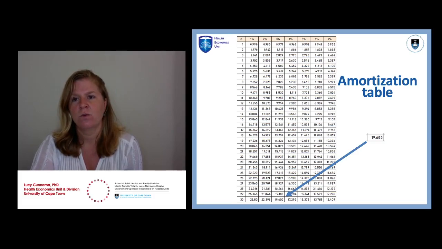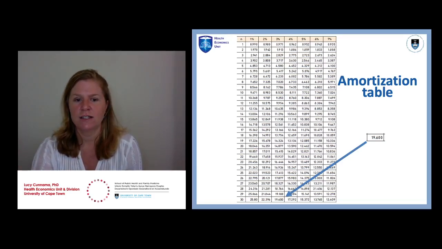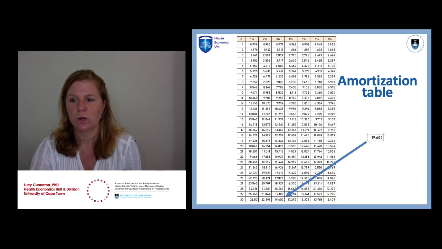And then we go to 3%, which is the interest rate that we're going to use. If we look at the place where those two things intersect, 30 and 3%, we can see that the rate that we're going to use is 19.6.